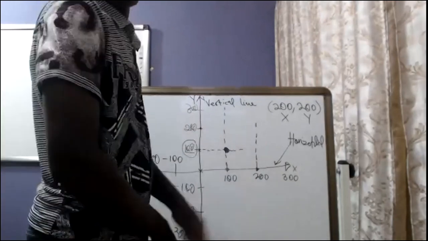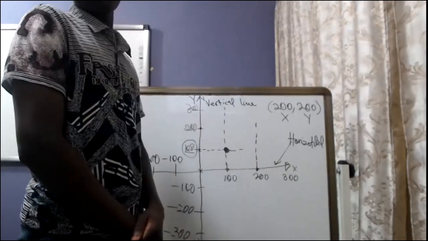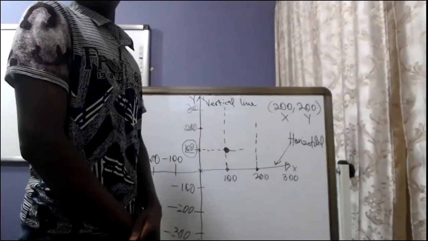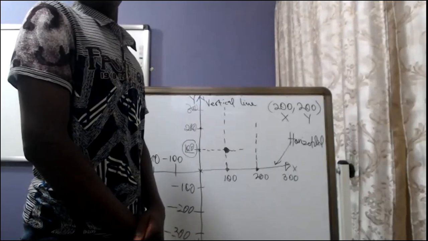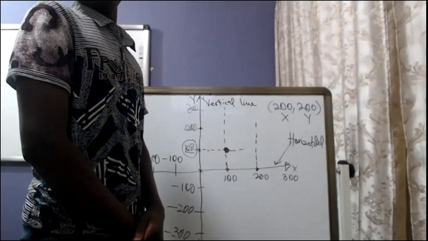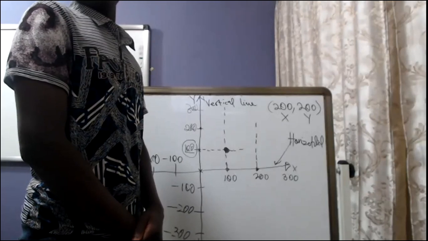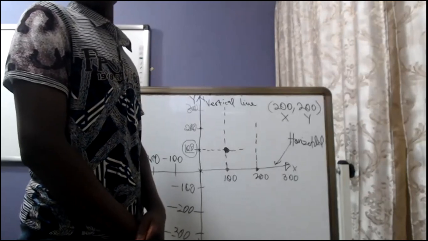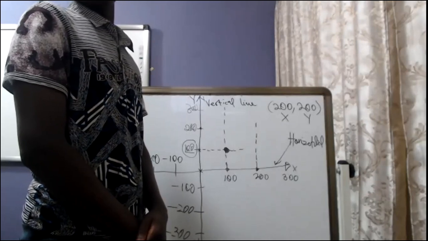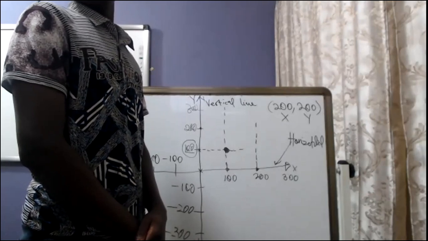Where is it? Where's 200 on the y-axis? 200. Yes, 200 on the y-axis. Okay. Jeremy, where is 200 on the y-axis?